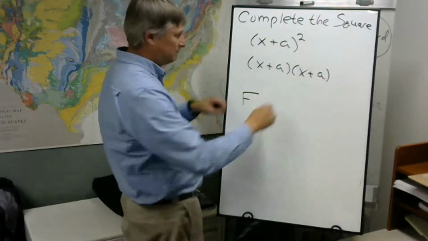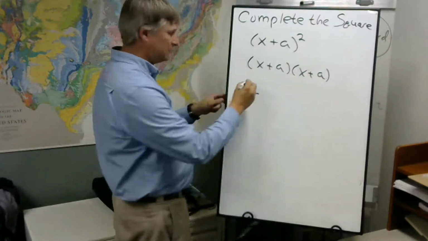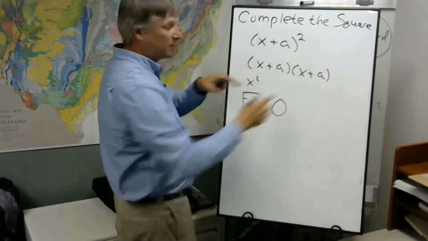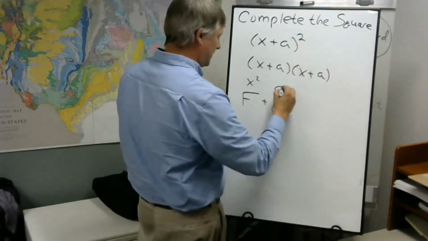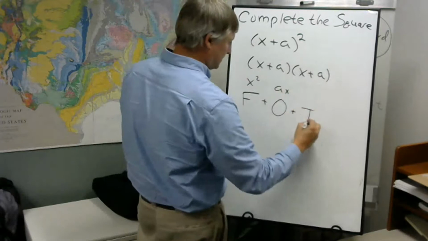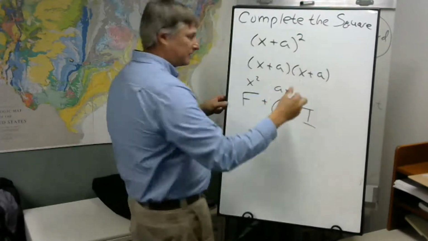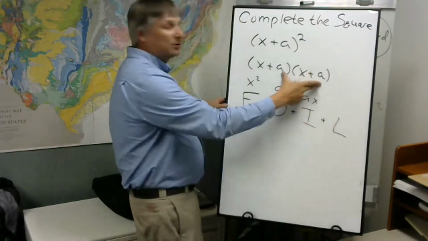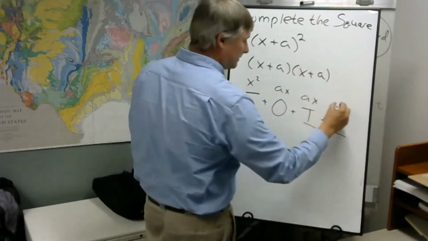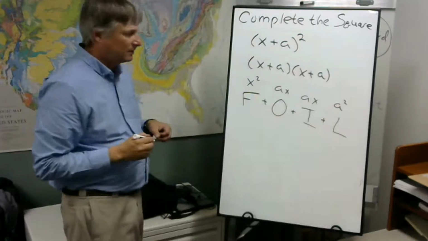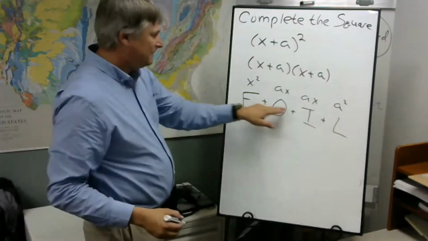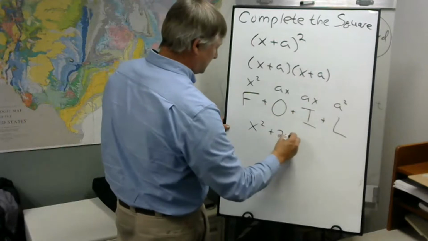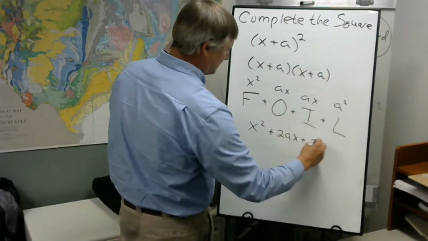If we FOIL this, first terms of the binomials is x squared. Outer terms of the product is ax. Inner terms of the product, ax. Last terms of the binomials, a squared. So adding these together, we get x squared plus 2ax plus a squared.